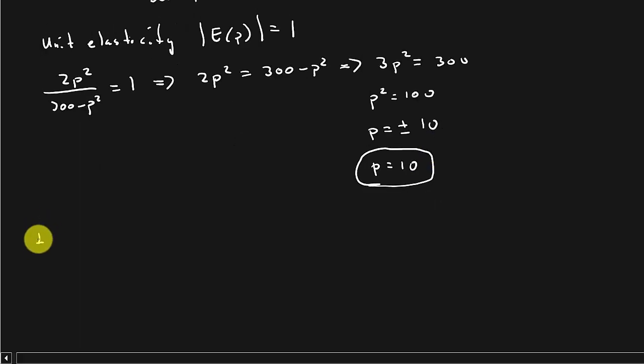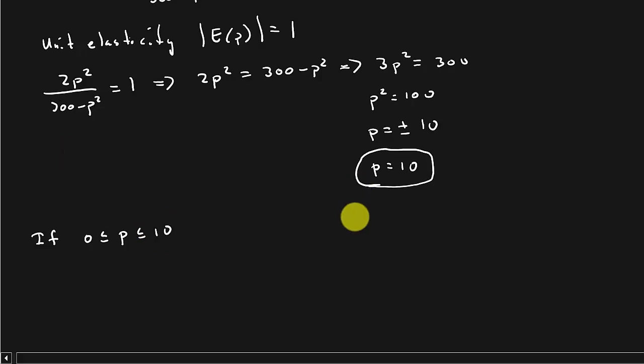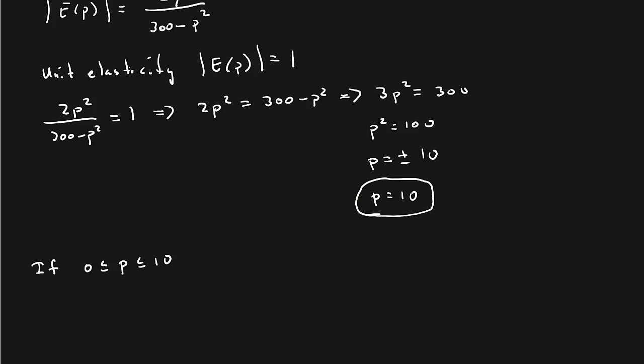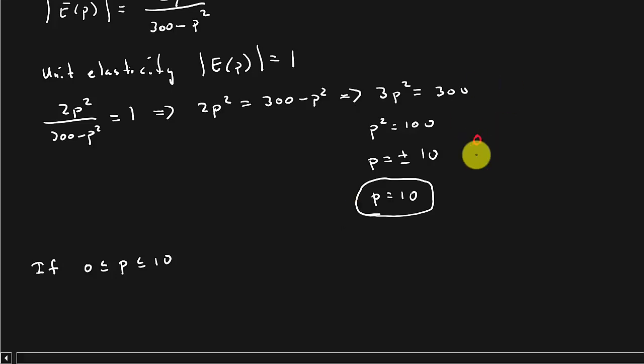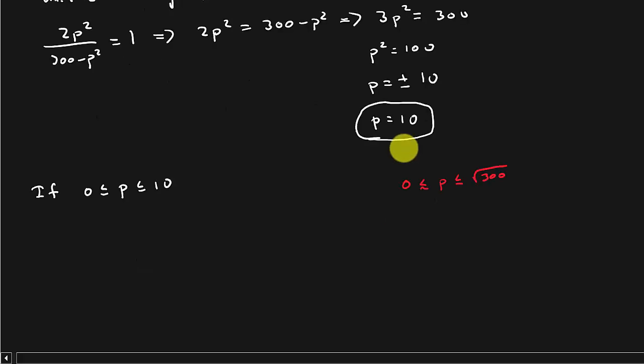Now let's look, okay, so if p is between 0 and 10, remember we're up here. Let's write it down here: 0 less than or equal to p less than or equal to square root of 300. That's the range we're looking for. And we know it's unit elasticity at 10, right?